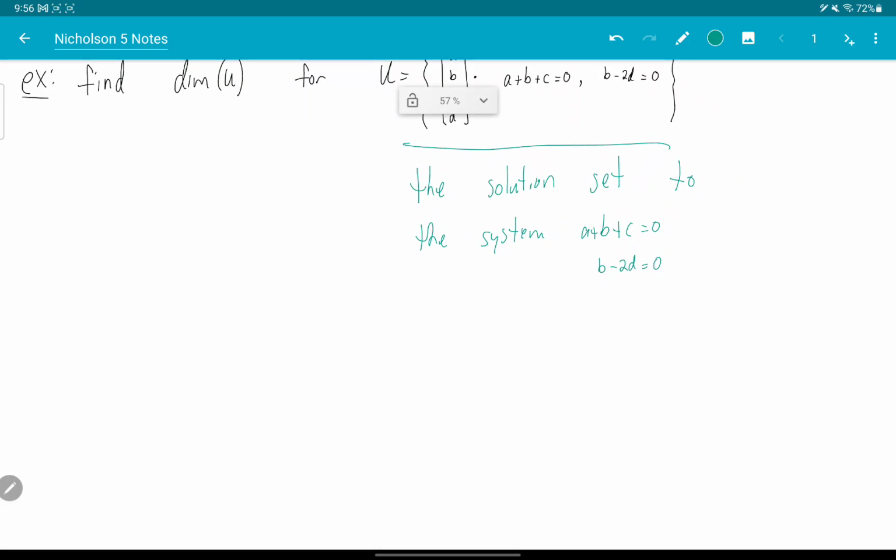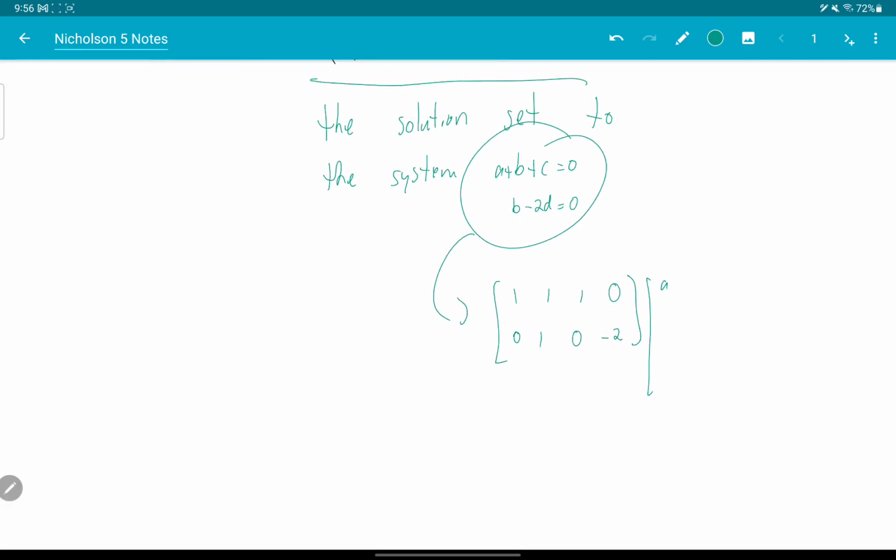Why is that? Well, I can write this system as a matrix 1, 1, 1, 0, 0, 1, 0, minus 2 times A, B, C, D equals 0 vector.